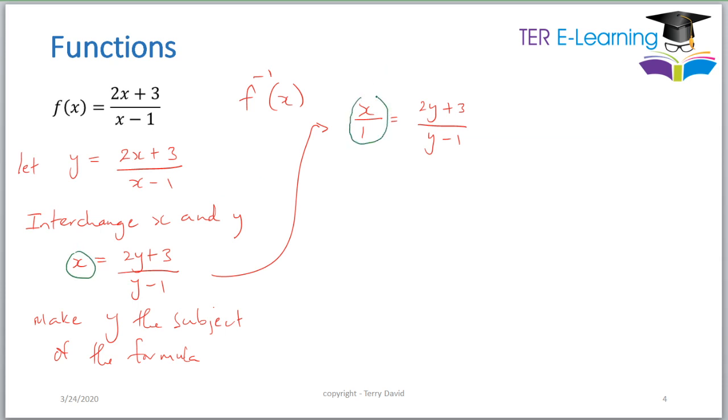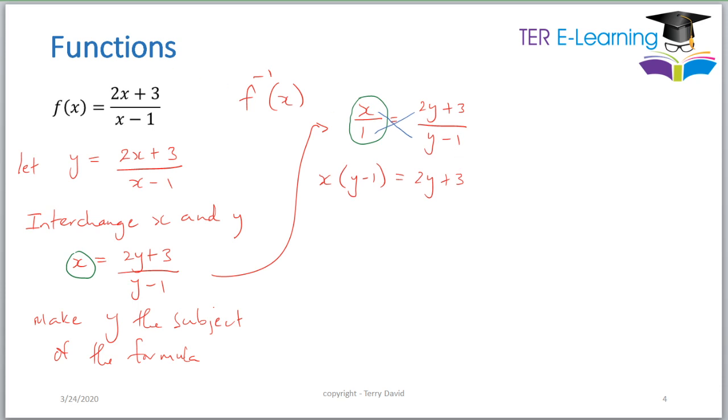My next step now is to cross multiply. So I'm going to say this multiplied by this is equal to this multiplied by this. When I cross multiply, I'm going to get x multiplied by y minus 1 is equal to 2y plus 3. So that's how we cross multiply.